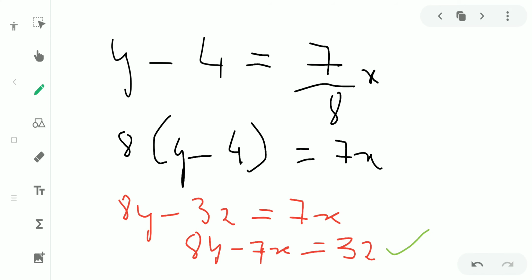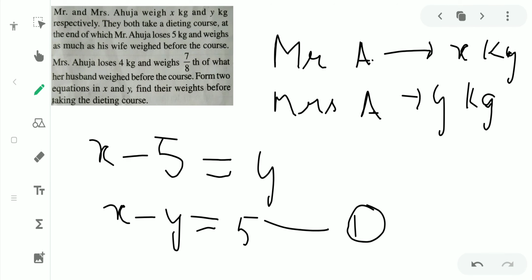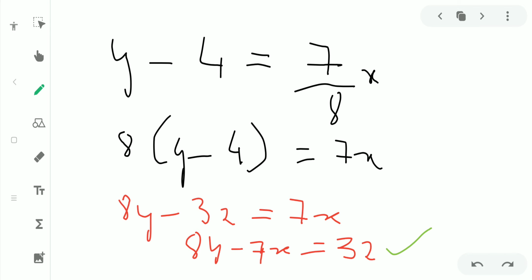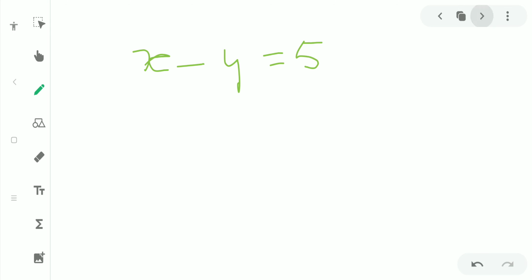So now we got the first equation as well as the second equation. Let us keep them on the page and solve it. The first equation is x minus y is equal to 5, and the second equation is 8y minus 7x is equal to 32.